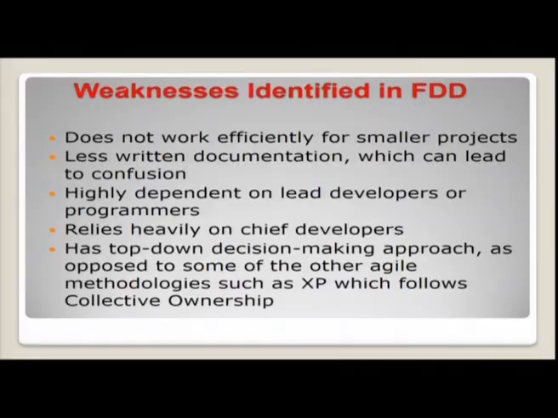Here you have a chief architect and a project manager. In extreme programming, which we saw earlier, it uses collective ownership, where each and every individual and each feature team is responsible. So, the top down decision making approach acts as a weakness that has been identified in the feature driven development model.